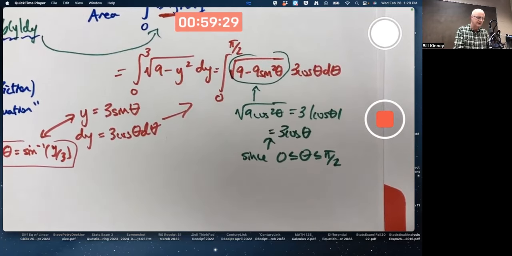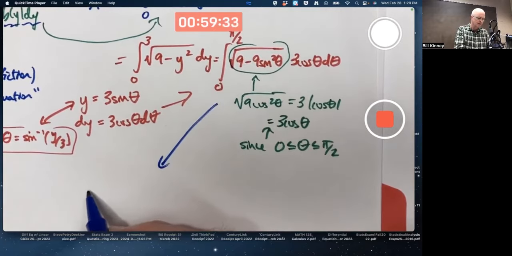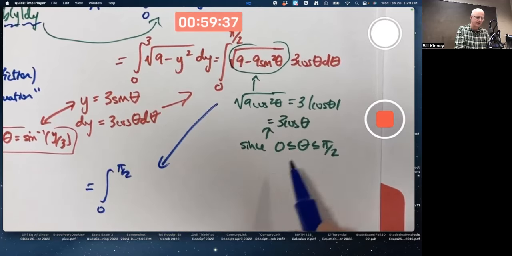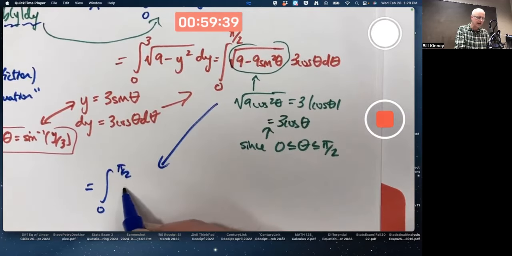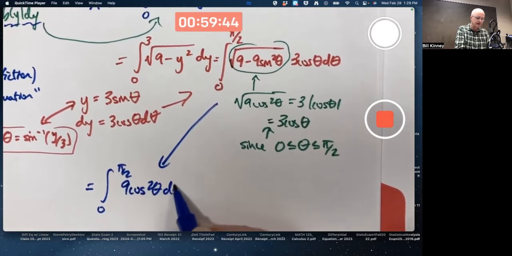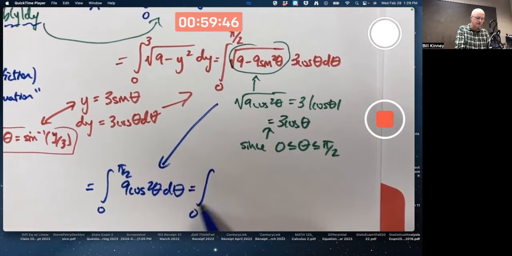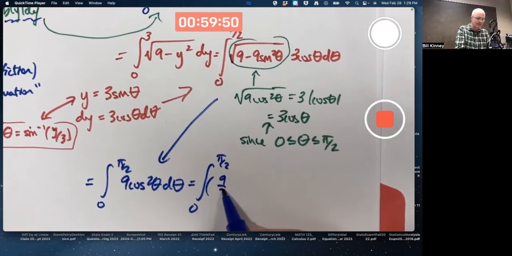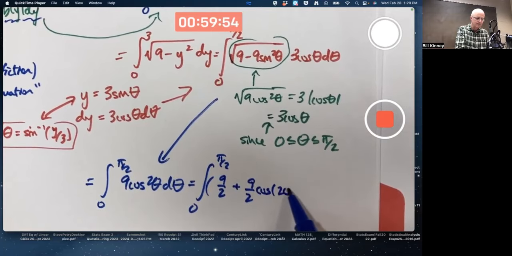All right, keep going. So we end up integrating from 0 to pi over 2, 3 cos theta times 3 cos theta, 9 cos squared theta. We've done that before. Use a trig identity to write that as 9 halves plus 9 halves cos 2 theta.